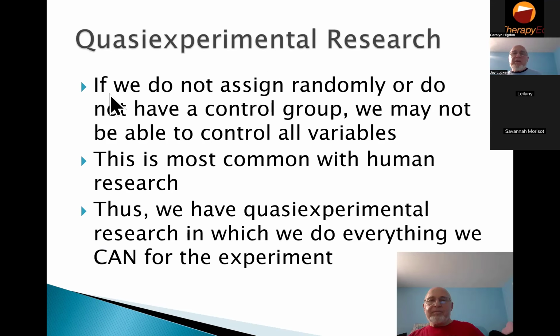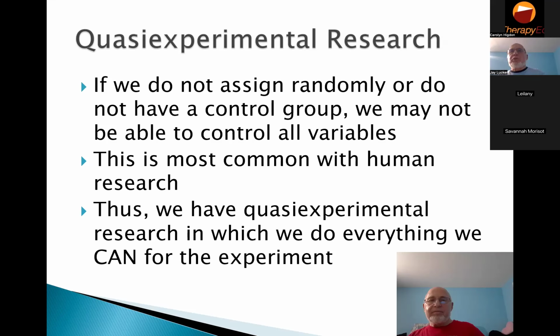For example, we may not assign themes randomly. We may carefully pick what we're using, not by age or anything, but by other factors. Here's the best example I could think of as a quasi-experimental factor. You have two groups that you're experimenting with on a new therapy.